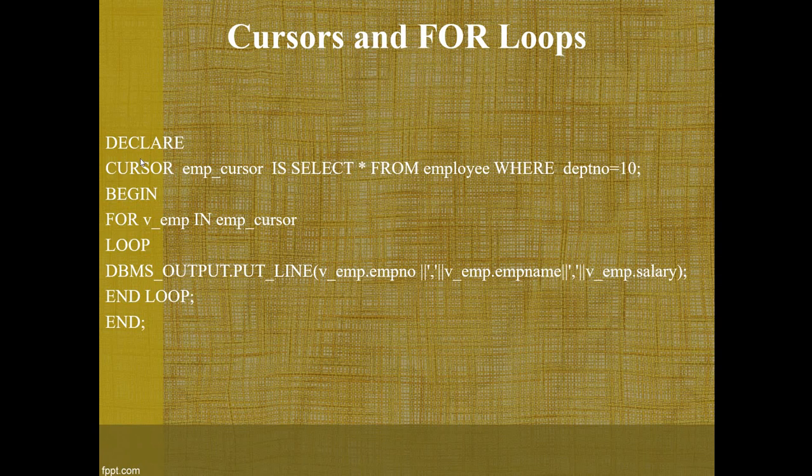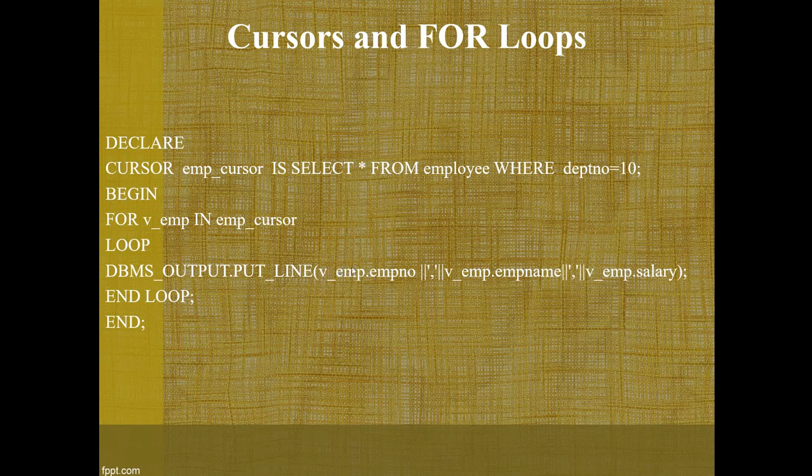But here it's not necessary to declare the variable v_emp which I am using in the for loop. So straight away we can use the variable name inside the for loop. So begin, for v_emp in emp_cursor loop. In emp_cursor we may have many rows. So I am fetching one by one into v_emp, and then loop, dbms_output.put_line.